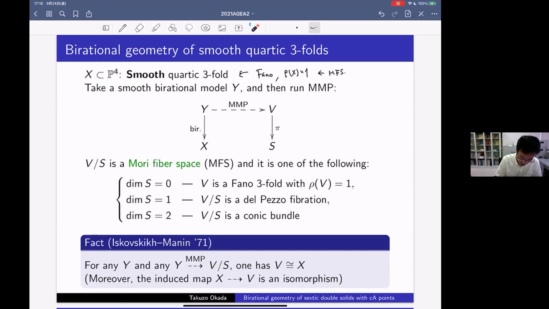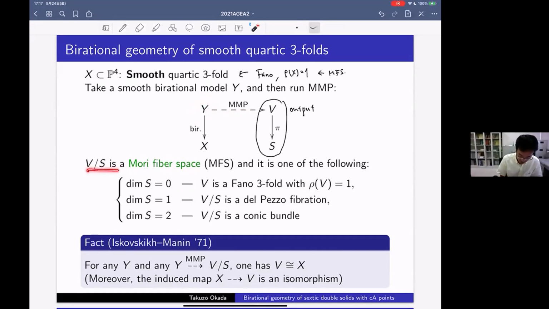But take any smooth birational model Y and run the minimal model program. Then we have an output of the minimal model program.